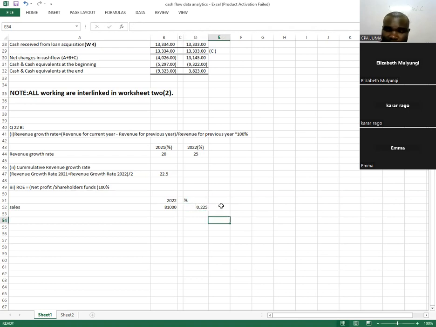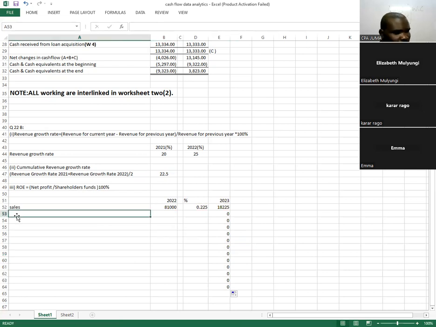Then 2023 forecast is equal to this times this. And this one you can just do the presentation. You don't have to link. So this is the forecasted sales for 2023. You will drag all others.